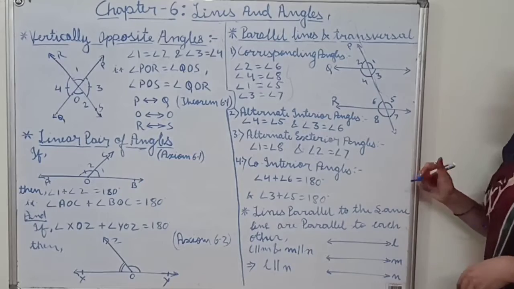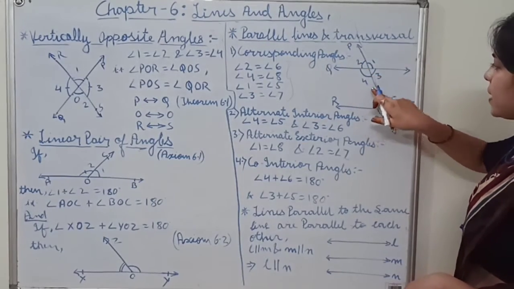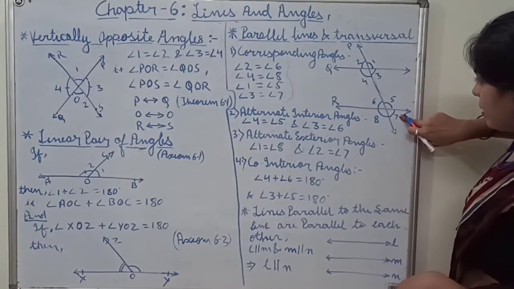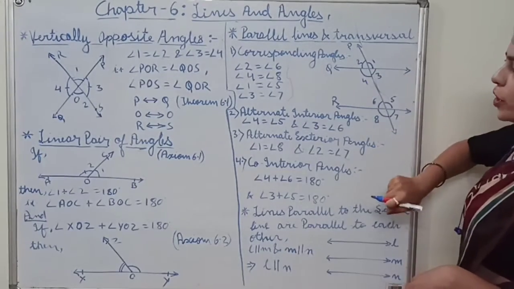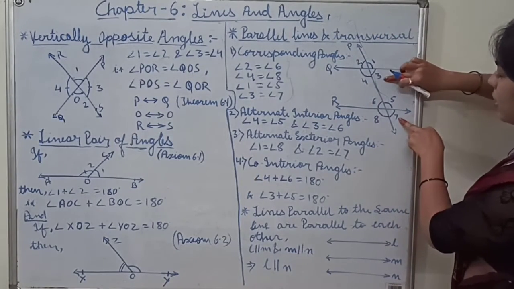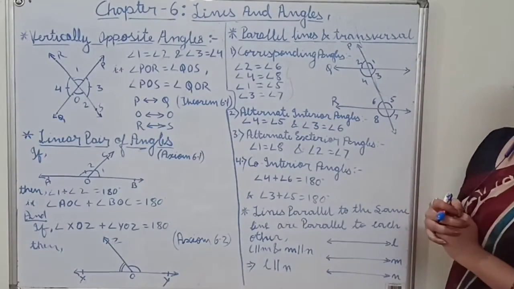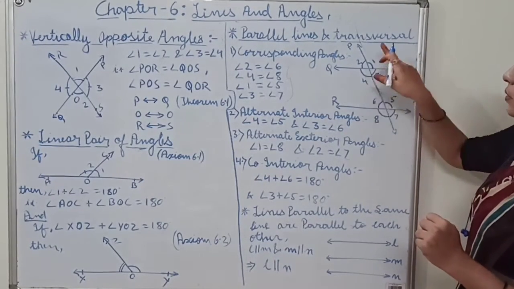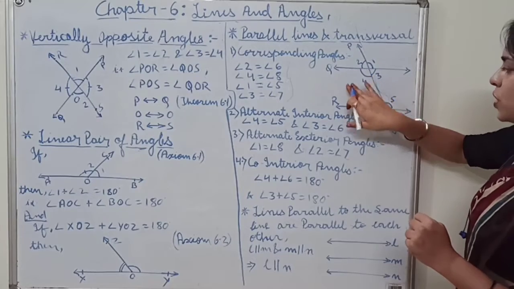Suppose it is given that angle 2 equals angle 6 and angle 3 equals angle 7. Two pairs of corresponding angles are equal, and you are not given that Q is parallel to R.